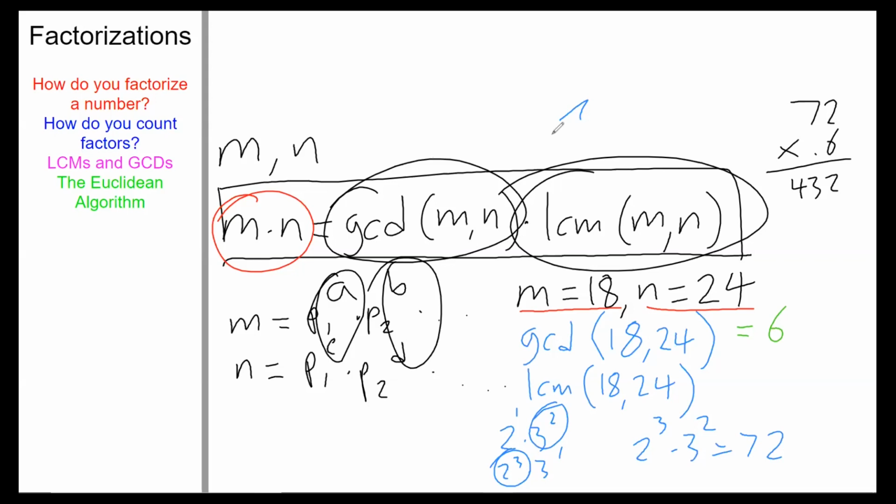Okay. Another thing I want to show you is the Euclidean algorithm. The Euclidean algorithm says that for any integers m and n, the following holds true. Let's say that m was greater than n.